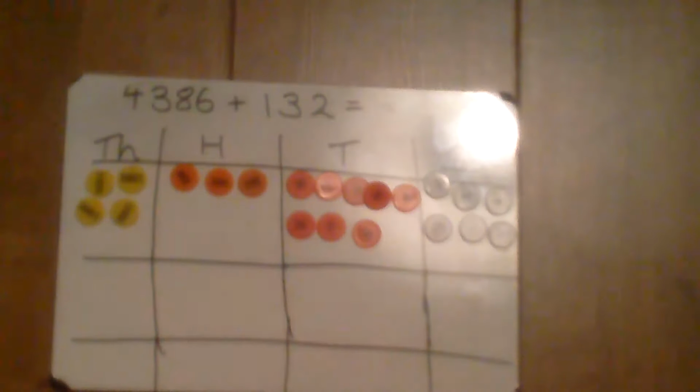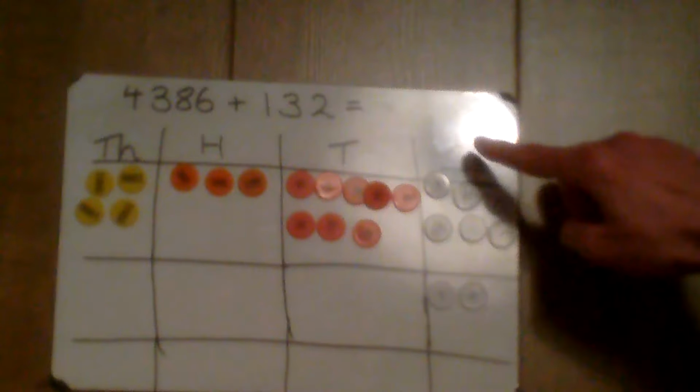In 132, there are 2 ones, so we place those in our ones column. There are 3 tens, so place those in our tens column. And there is 1 100.